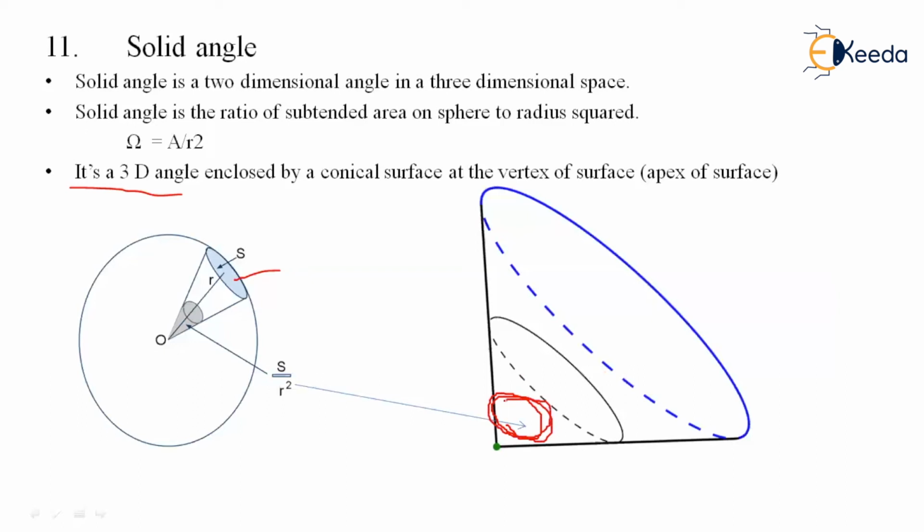An angle is two-dimensional, and the solid angle, as the name goes, is solid, it has three dimensions. So the angle subtended by the arc to the radius is the angle, and the angle subtended by the area on a sphere to the radius squared is your solid angle.